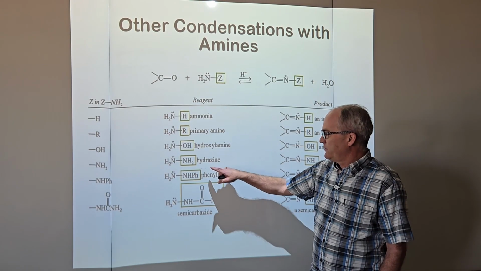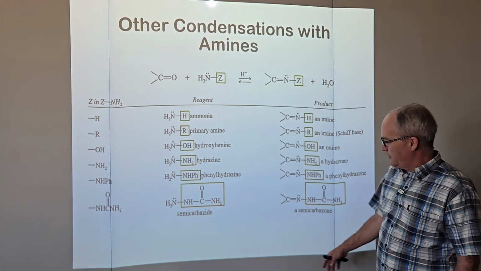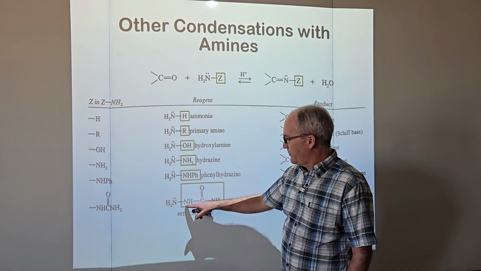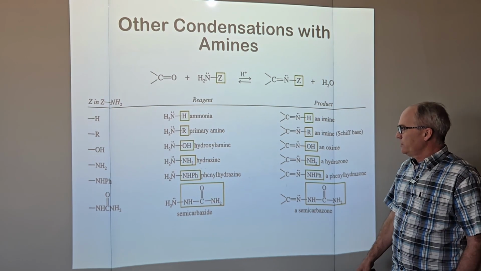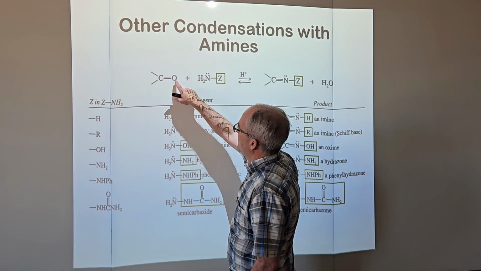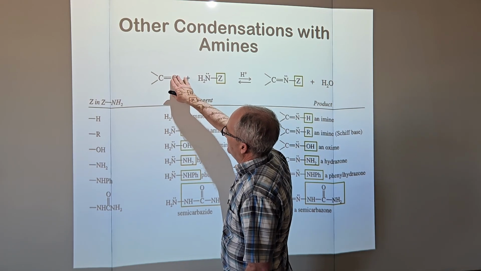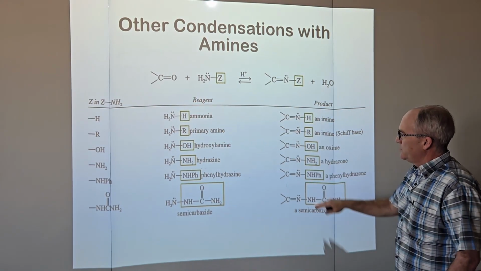And this is similar to hydrazine, phenylhydrazine, and then something similar. So all these different groups. The most important thing is just to take this first nitrogen, erase the oxygen and draw it in, and you will have your product.